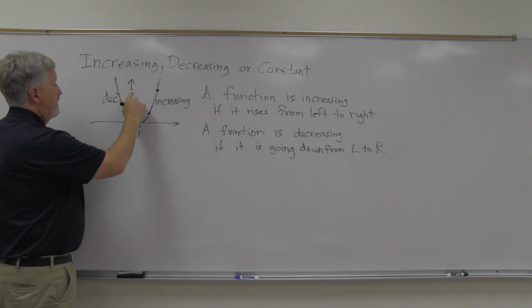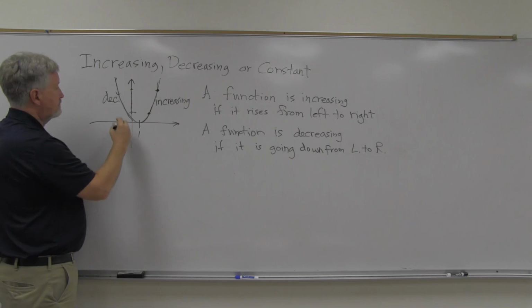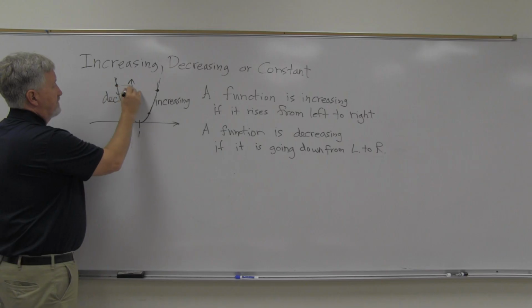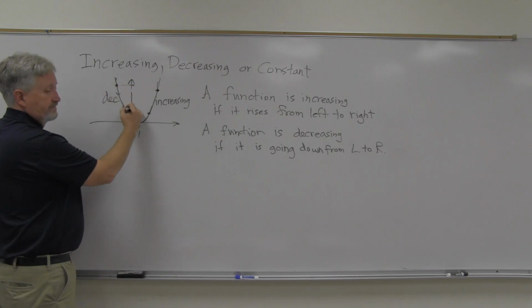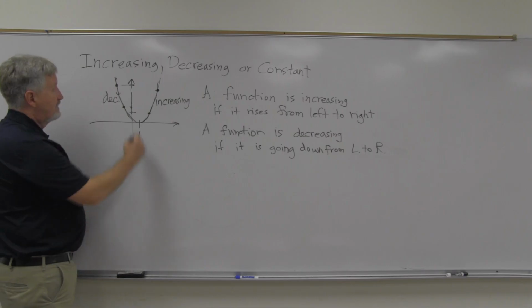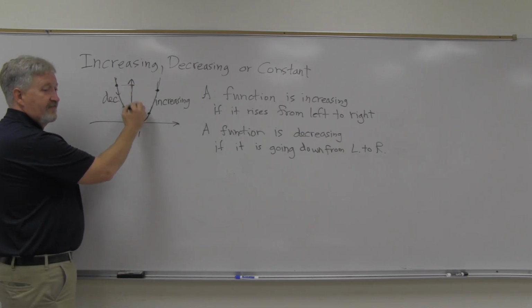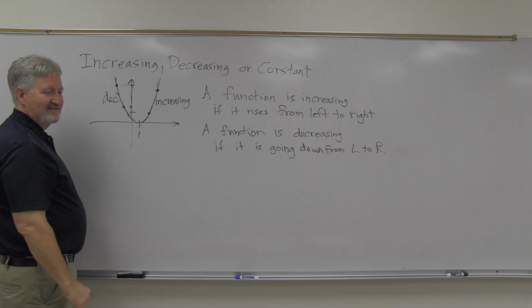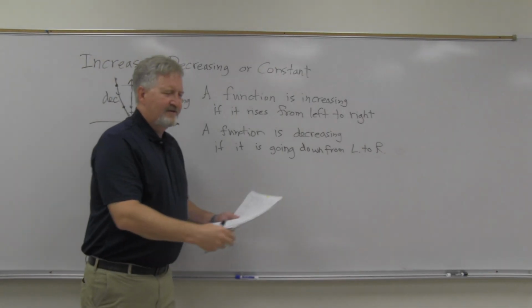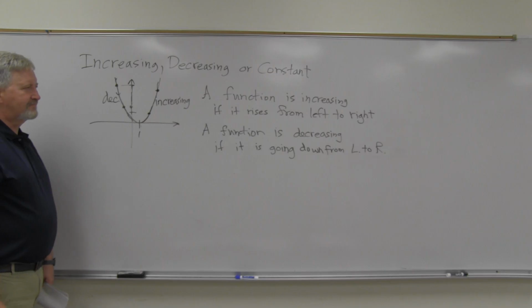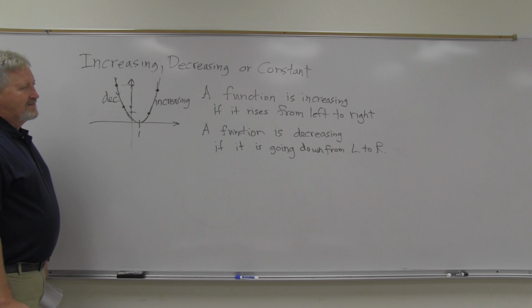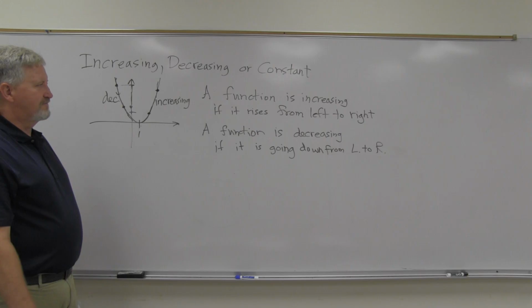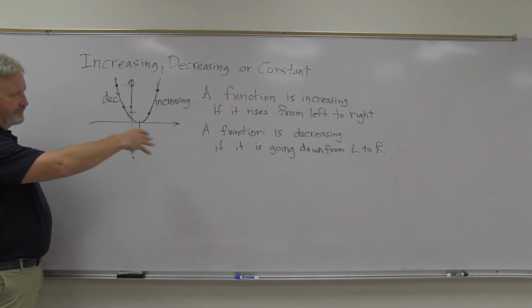Over here on the other side, if you go from one point to this point where it's decreasing, this function value is up here, and the next one I've marked is down here. So that's decreasing function values. That's why it is. It's because the function values, the f of x's, are growing or they're falling.